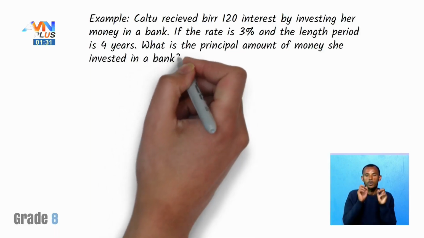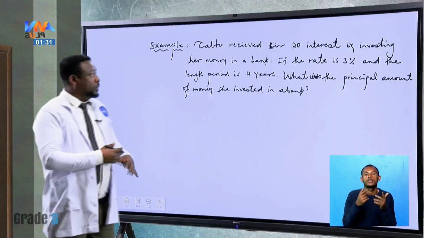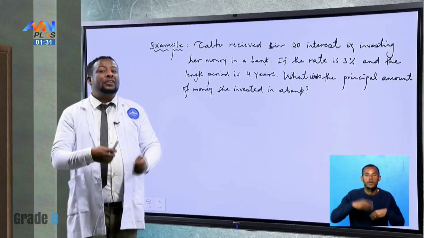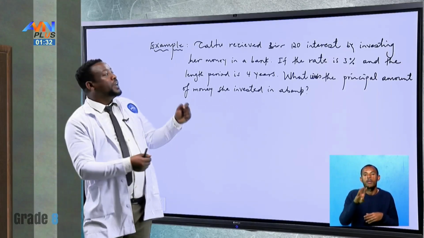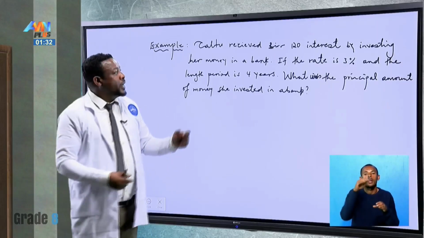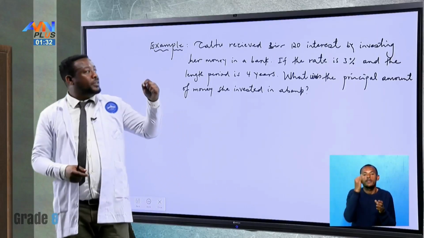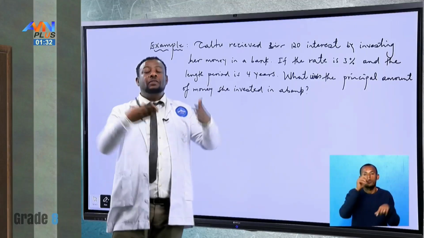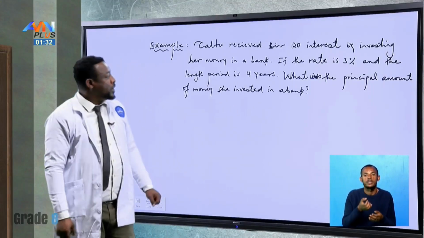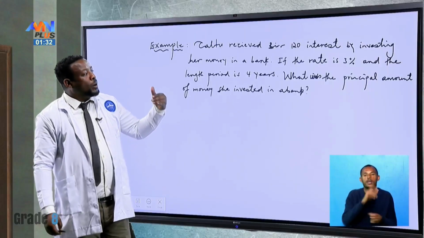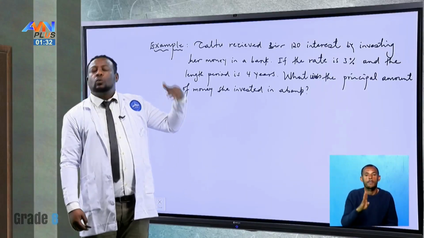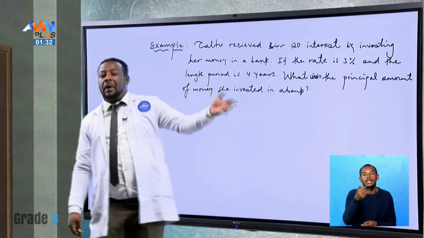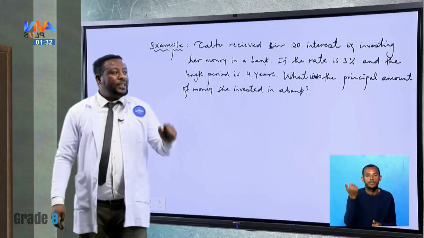Okay, in this second example, the question says, child 2 received BER 120 by investing her money in a bank, right? If the rate is 3% and the length of period that she invested in a bank was for 4 years, what was the principal amount of money that she invested in a bank? Okay, here, what is given?